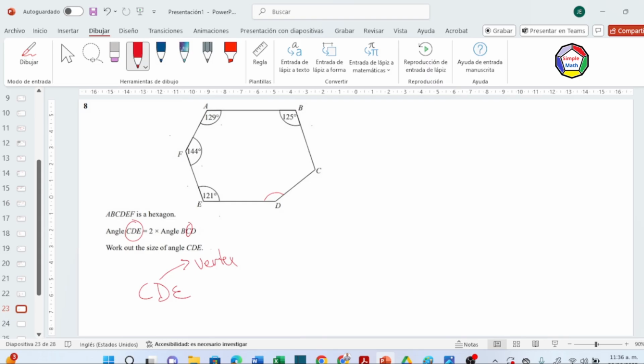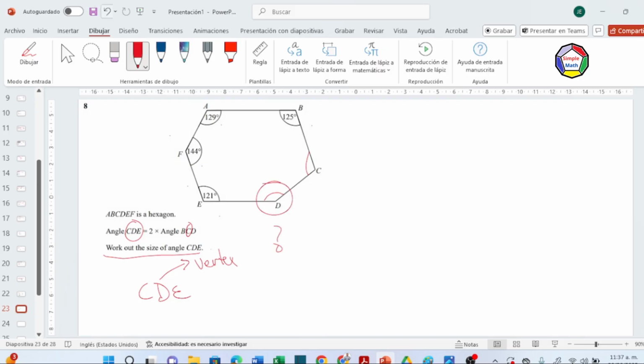The instruction mentions that these two angles have a relationship. It says that this one is twice this one. And the question is, work out the size of the angle CDE.